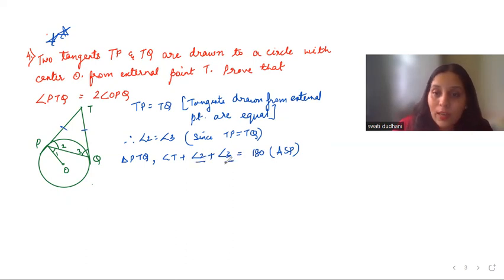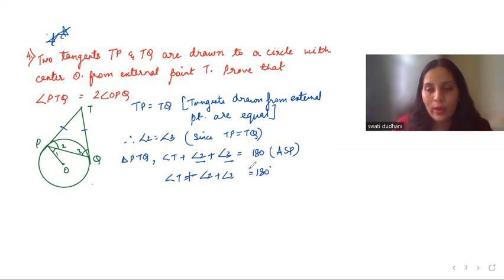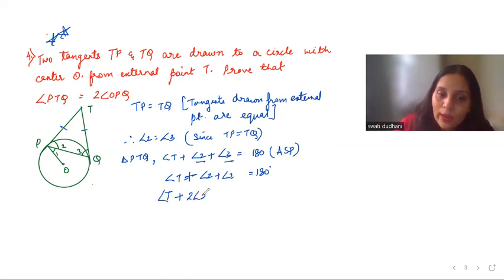I know angle 2 and angle 3 are equal, isn't it? So I can write 3 as 2. I'll tell you why: because I want to find angle 2 from this equation. So angle T plus 2 angle 2 is equal to 180.